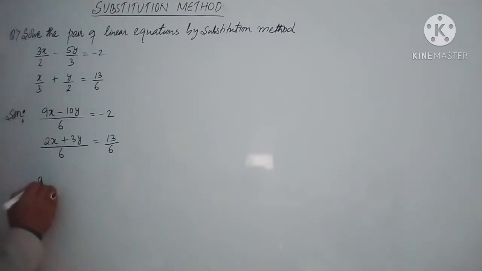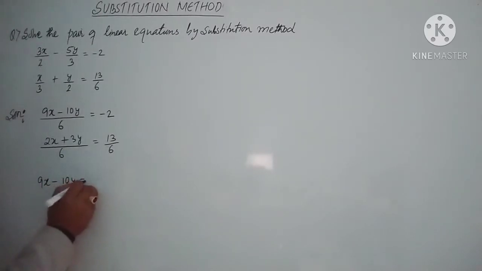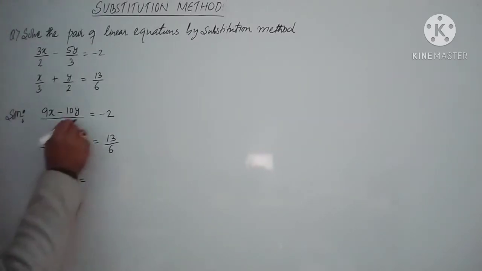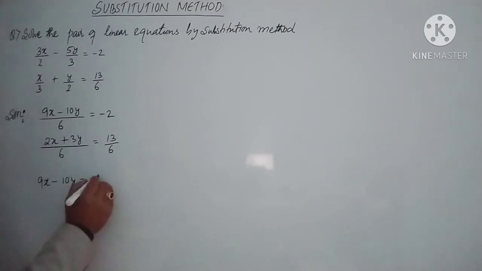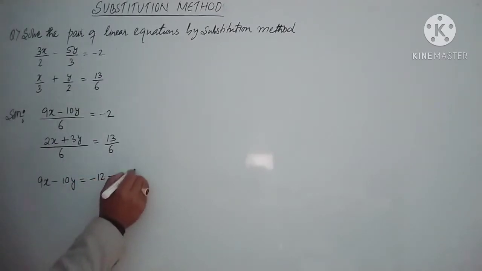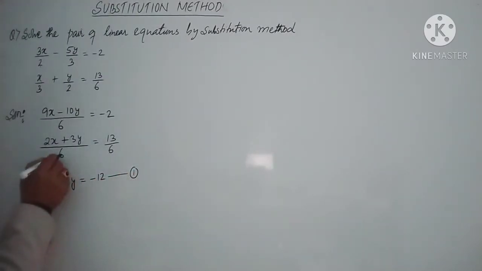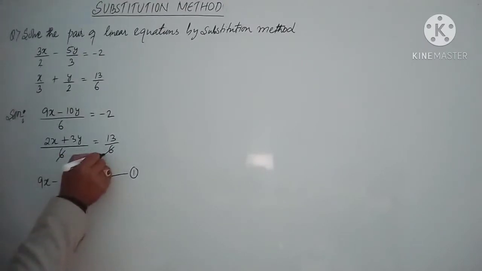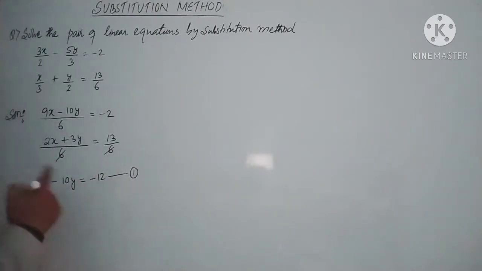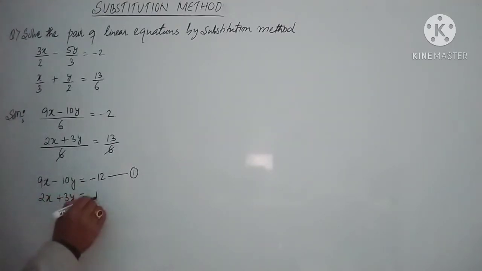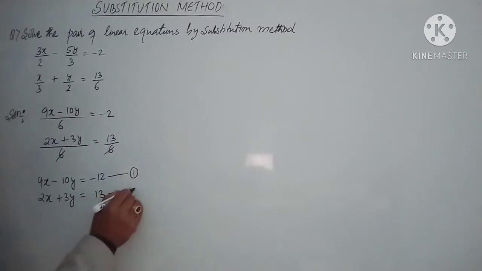And next step, 9x minus 10y equals, cross multiply, 6 into minus 2 is minus 12. Now this is equation number 1. And in the second, if the denominators are the same, we can cut them from both sides. So this equation will be 2x plus 3y equals 13. This is equation number 2.